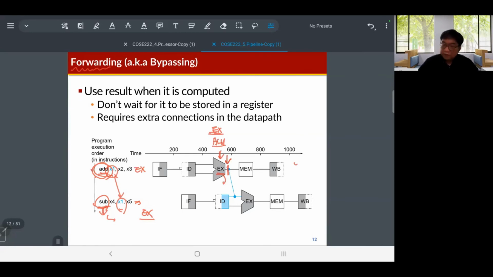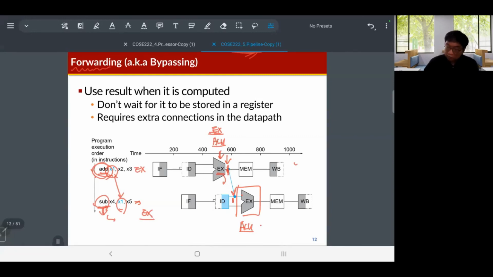And when the sub instruction is in this time period, this result is required before the ALU execution, which means that the sub instruction requires data at this point.